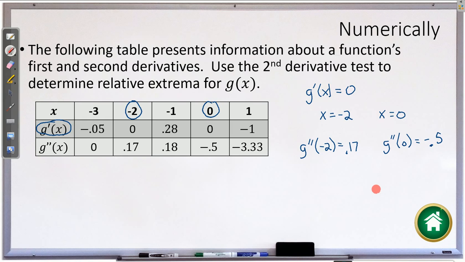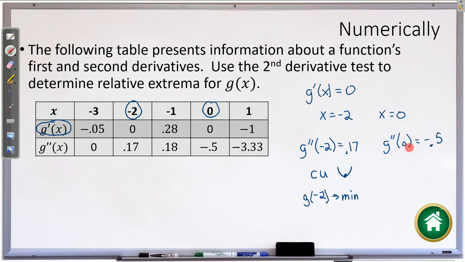Now the number we don't really care about. It's only whether that number is positive or negative. This number is positive, which means the graph is concave up. So think about a concave up graph, and you can hopefully visualize the minimum. So g at negative 2 must be a minimum.